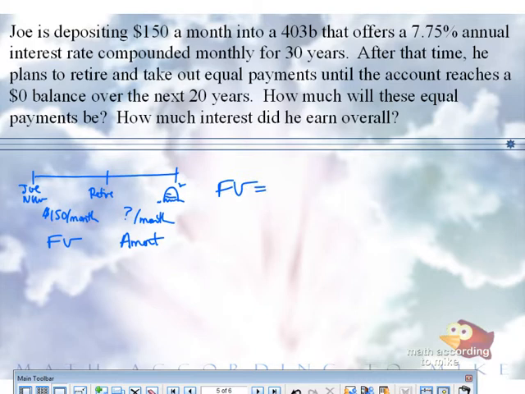he's putting away $150 a month at a 7.75% annual interest rate. For how many years? 30.